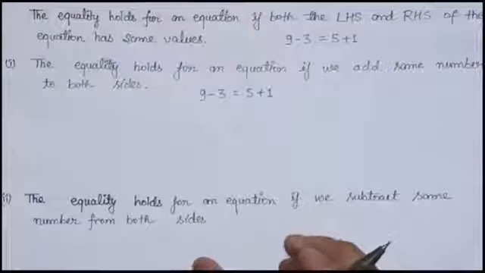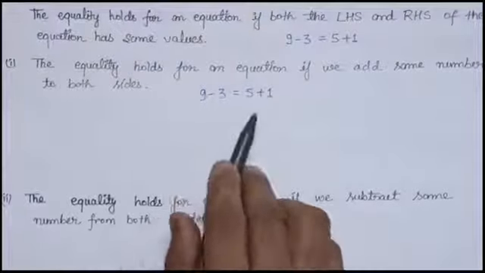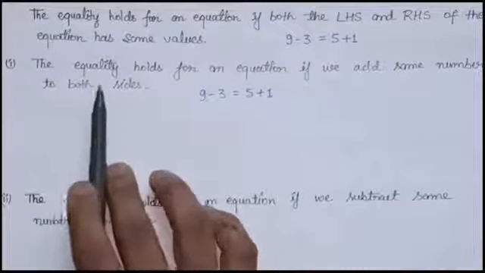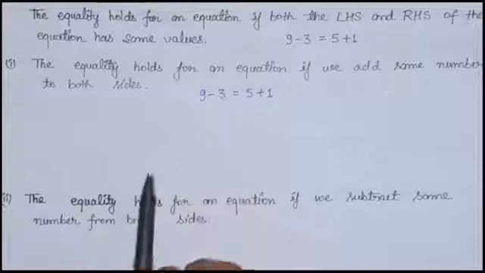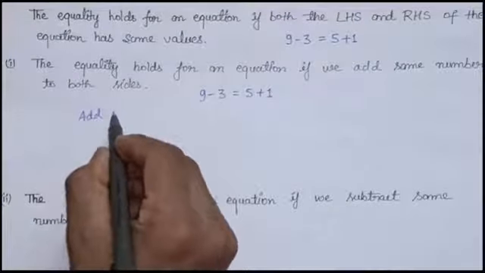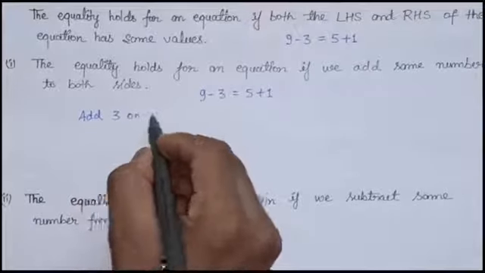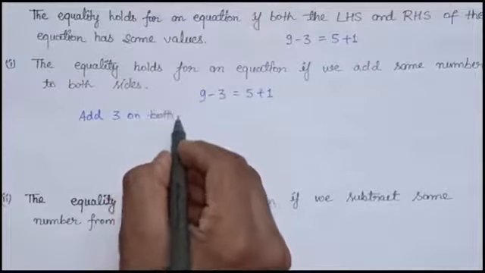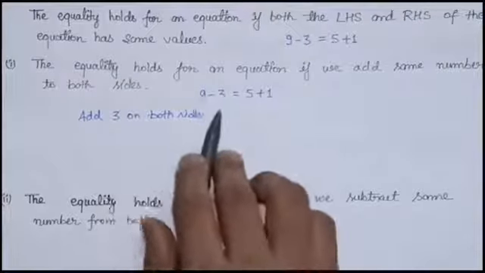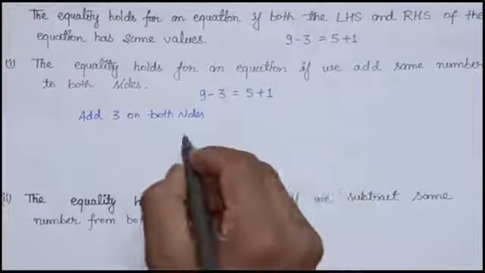If we add the same number on both sides of this equation, then the equality holds. So let us add 3 on both sides. If we add 3 on both sides of this equation, what do we get?